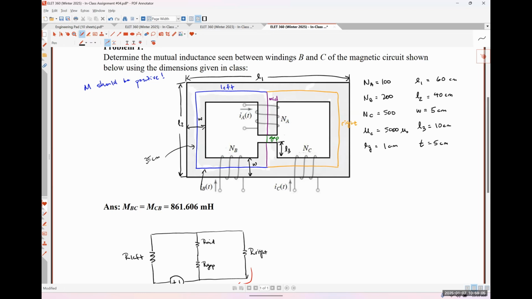So I think this would be half of L1 minus 2.5. Yeah. So half of L1 would be 30, minus 2.5 would be 27.5 centimeters.